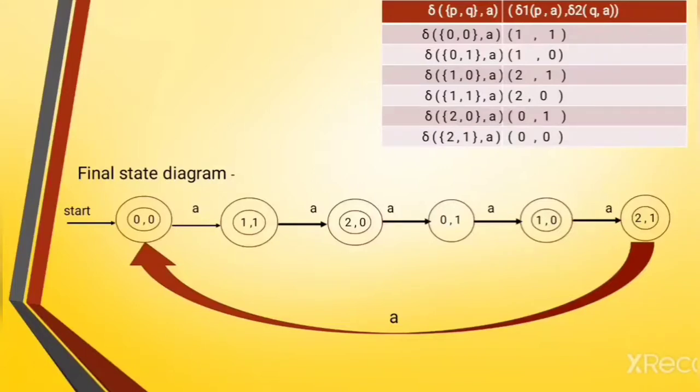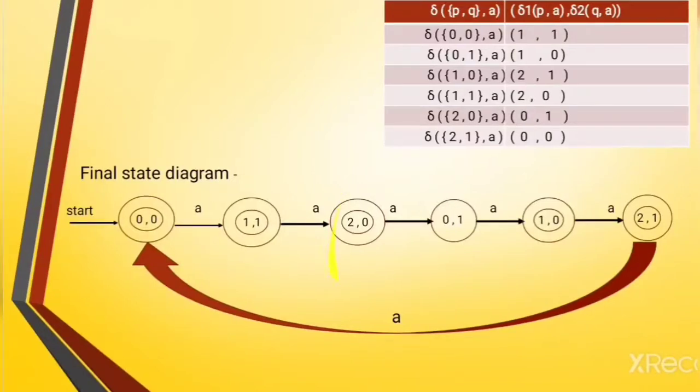And for 1,1 on A, the next state is 2,0. For 2,0, if I give the input alphabet A, it will move to the next state, that is 0,1. And for 0,1, on input A, it will move to the next state, 1,0.